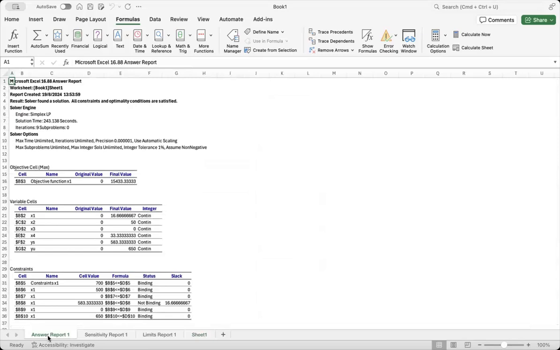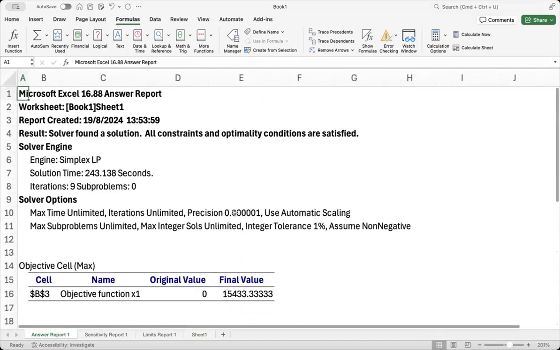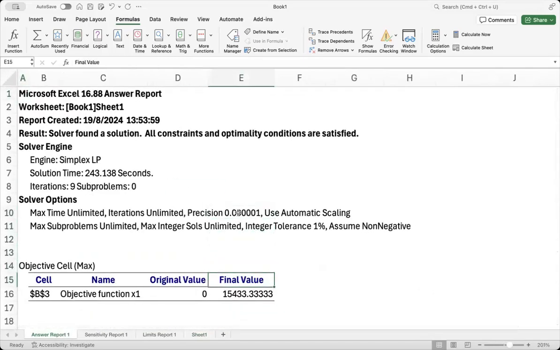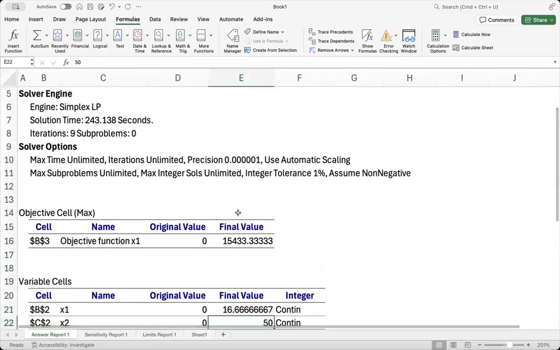What do we have here? Now look at the answer report first. For the answer report, the objective cell is here, B3. Previously, we put the objective function in the B3 cell. The final value is this value. What about the original value?